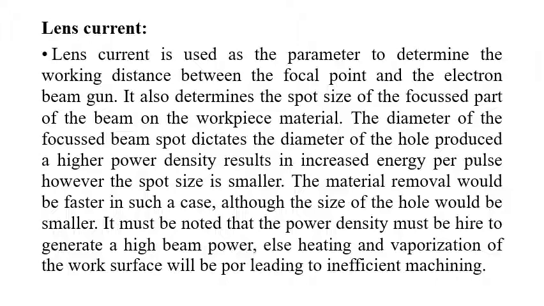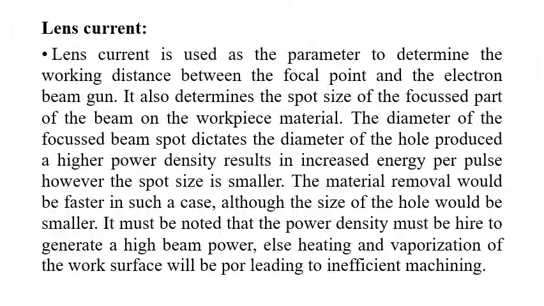focal point and the electron beam gun, and it also determines the spot size of the focused part of the beam on the workpiece material. And the diameter of the focused beam spot dictates the diameter of the hole produced.